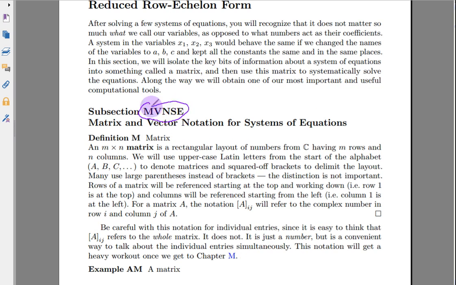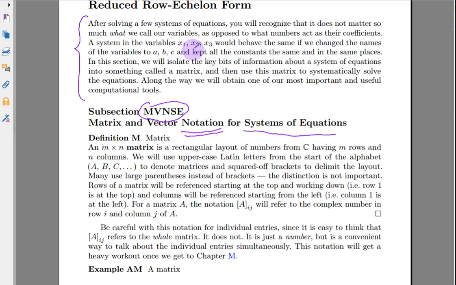MVNSE, matrix and vector notation. The idea here is to introduce a notation. We're not really going to do any new math. We're just going to write systems of equations in a more convenient way. If you read this paragraph, the point is that the variables don't really matter in the equation.